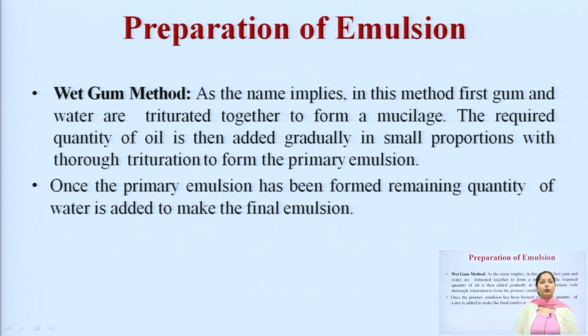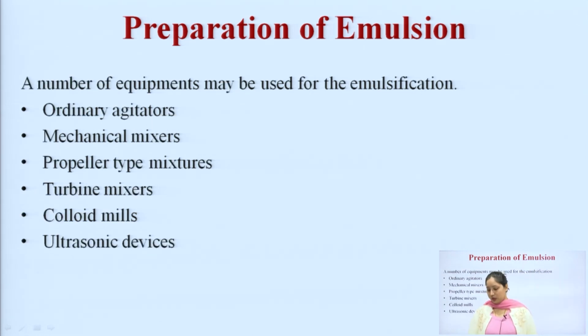So, in this we first take the gum and water and make a mucilage, then we add a little amount of oil into the mucilage and triturate. Once the primary emulsion is formed, we add the remaining quantity of water to make up the final emulsion.